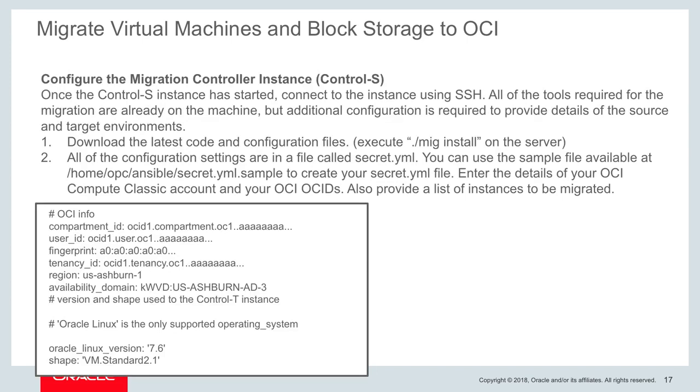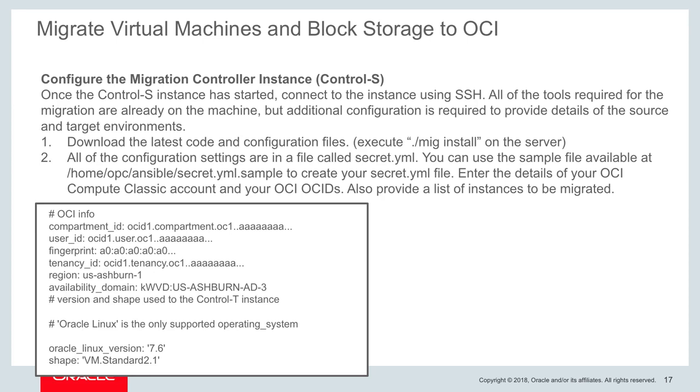Once the Control S instance has started in OCI Classic, connect to the instance using SSH. All of the tools required for the migration are already on the machine, but you need to configure additional information for ensuring that the tool is configured correctly to access the source and target environments.